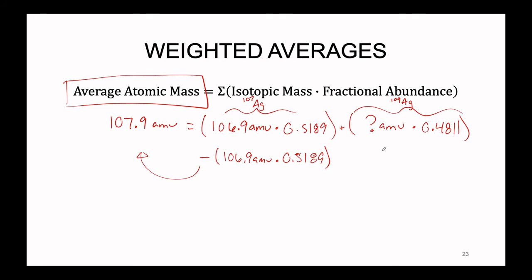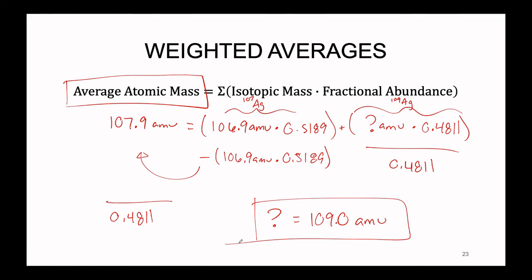And then we have to divide each side by the fraction presented here, 0.4811. I'm making kind of hand-wavy math here, but we subtract the silver 107 to the other side first, and then we divide by our fractional abundance. When we do so, we find our question mark is equal to 109.0 atomic mass units.